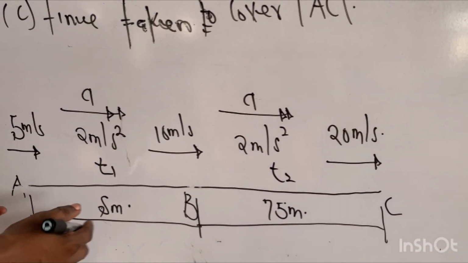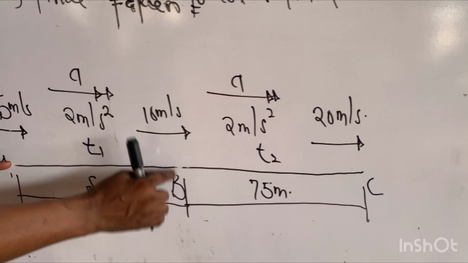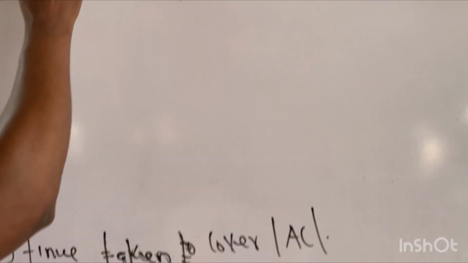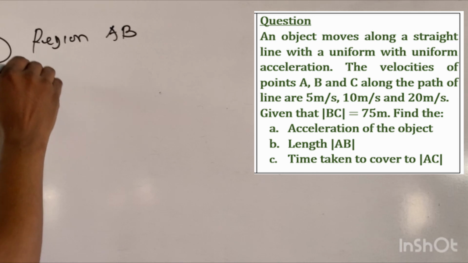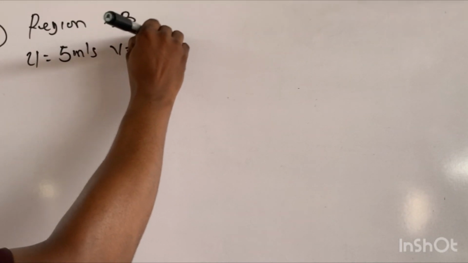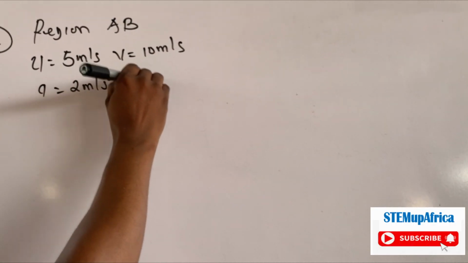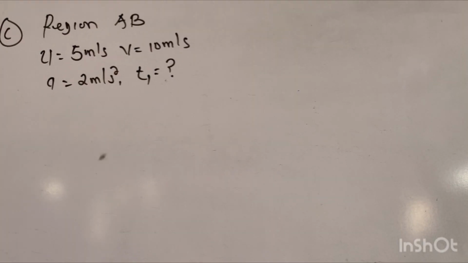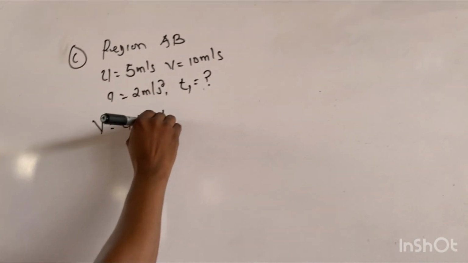So if you look at the region AB, I have initial velocity is 5, acceleration is 2, final velocity is 10, then the time I don't know. So if I consider region AB, my initial velocity is 5 meters per second, the final is 10 meters per second, acceleration is 2 meters per second squared. The time, T1, that is from A to B, I don't know. So this data satisfy the first equation of motion that says v equals u plus at.